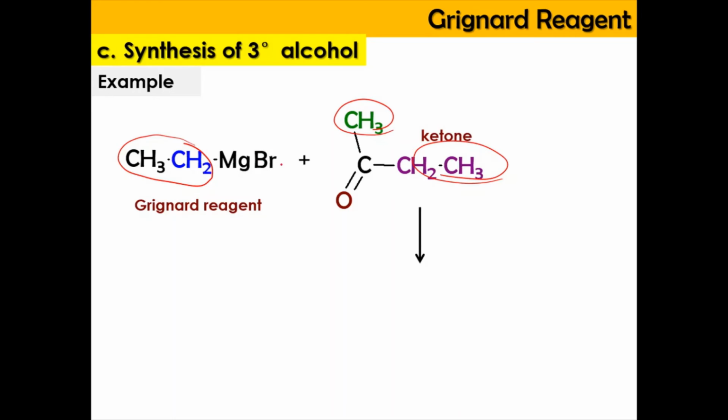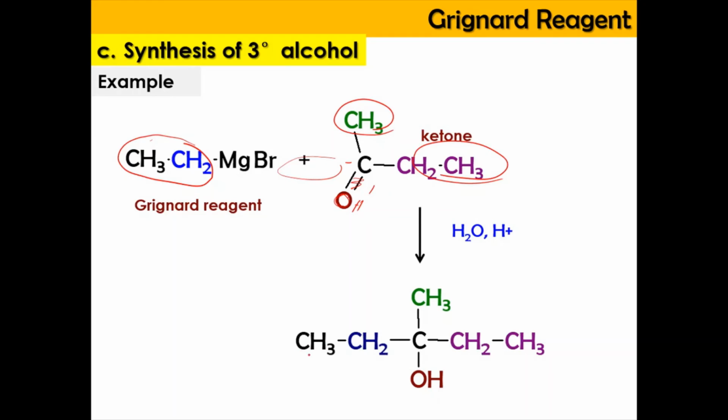Okay, so we're gonna get into the product straight away, because we do that in a single step at the hydrolysis part. The CH3CH2 is going to be attached here, and the O here becomes OH with a single bond.